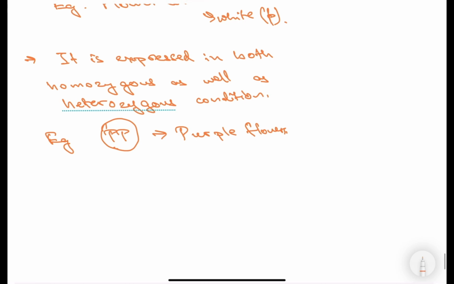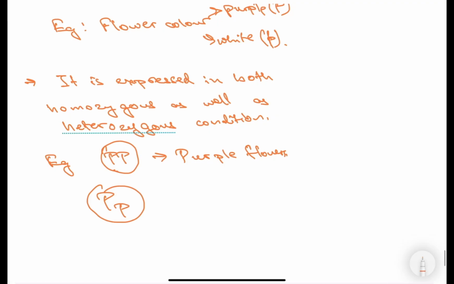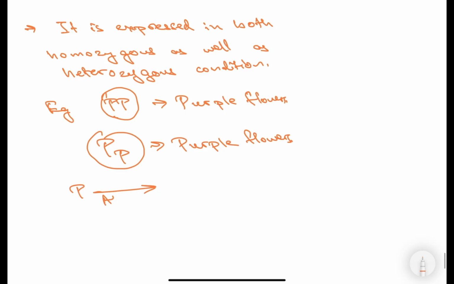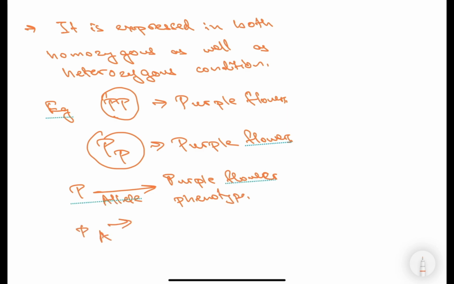As well as if capital P, one allele for the purple flower phenotype, and another for the white flower phenotype is present, it will still have purple flowers.